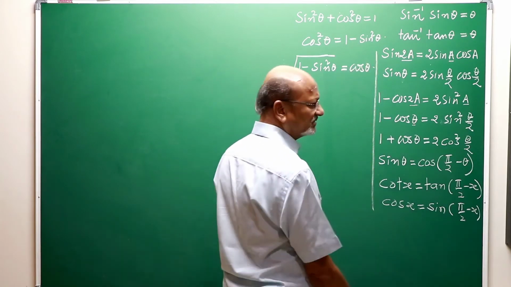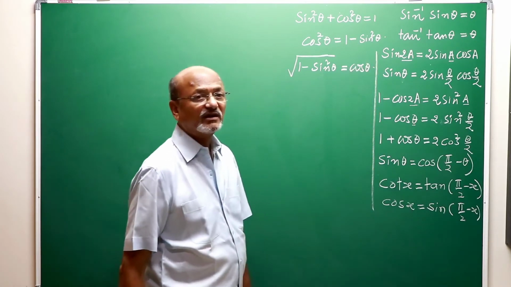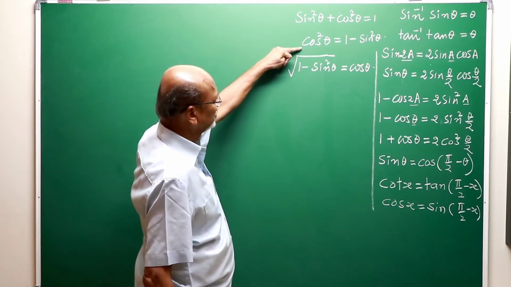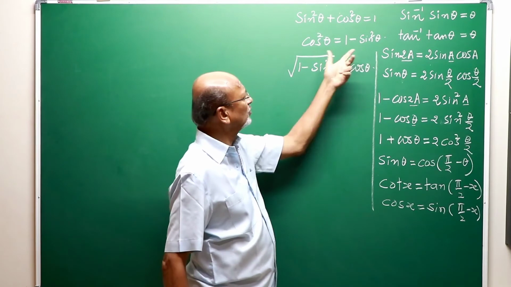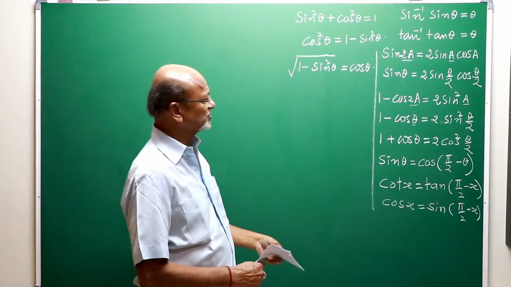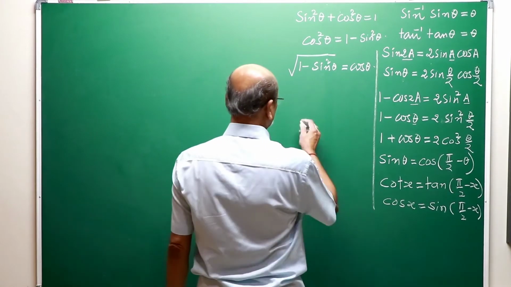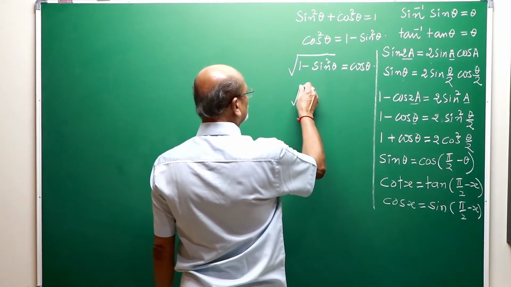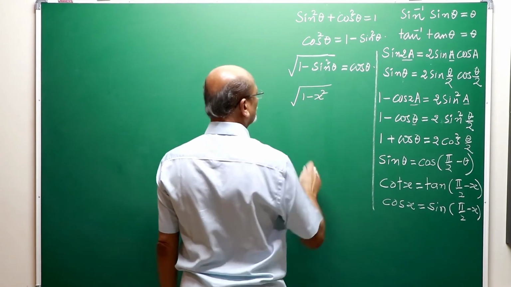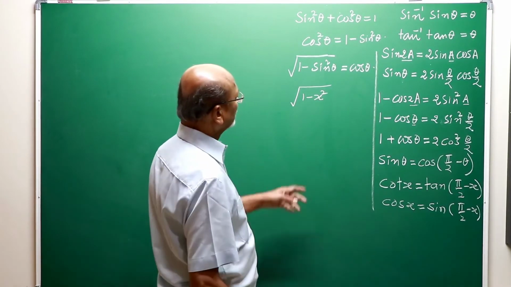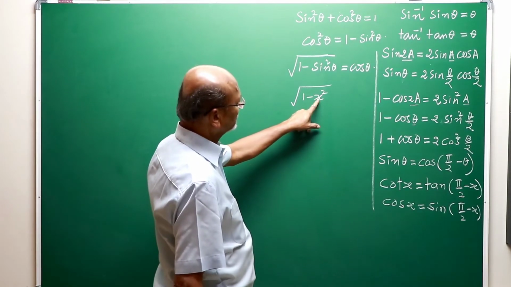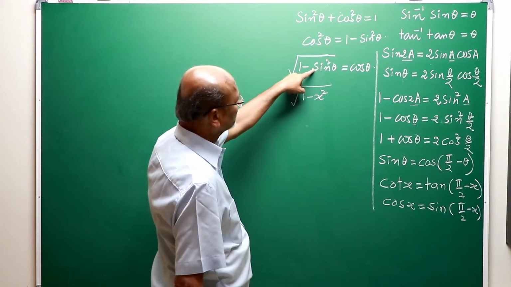Yes, my friends. It is simple, that is why it is written. Basic change: square root of this is cos. Correct. If the given expression is of the form 1 minus x square, tell how to simplify it. If the given expression is 1 minus x square, substitute x equal to what? Sine.